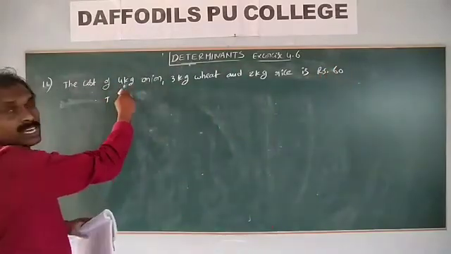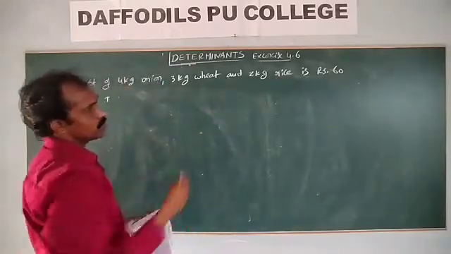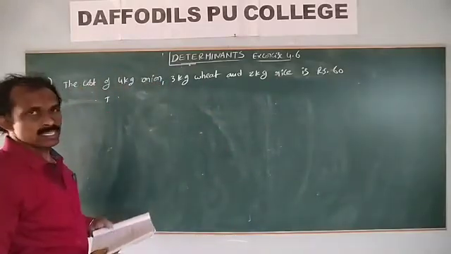The cost of 4 kg onion, 3 kg wheat, and 2 kg rice, all items value is 60.